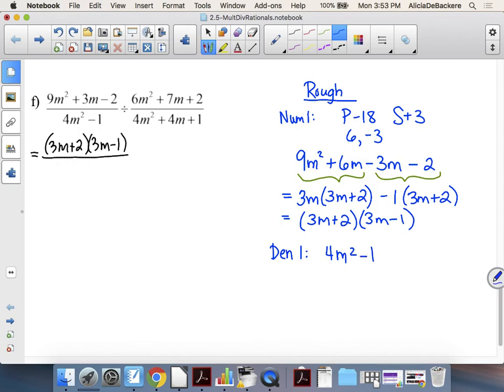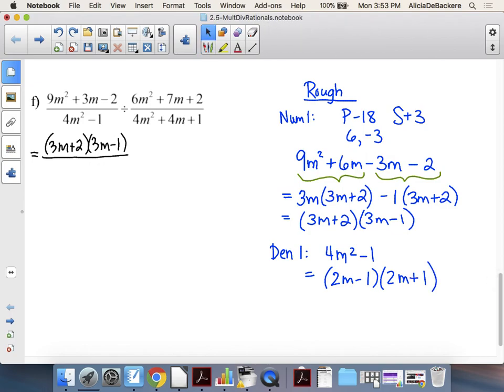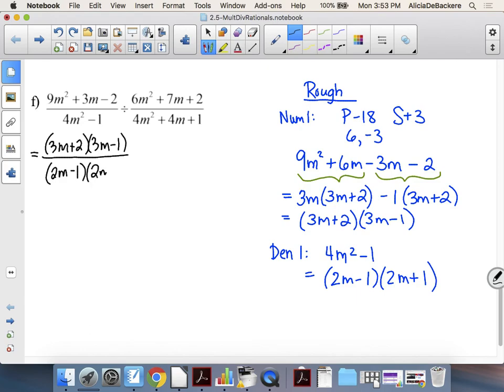And I can factor that, it's a difference of squares. Then I can come back and put that factored expression back in. Now, when I write this next one, I am going to flip it at the same time.